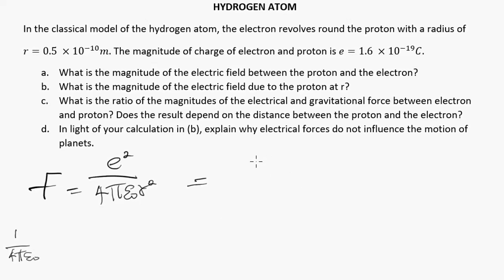So first of all, we'll write the constant here, 9.0 times 10 to the power of 9, times the square of e, that's 1.6 times 10 to the power of minus 19, and then we'll square it.